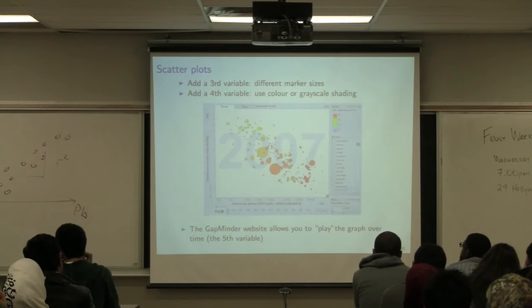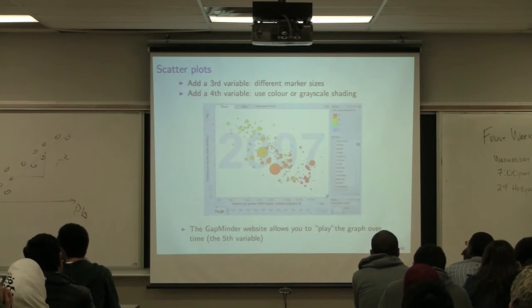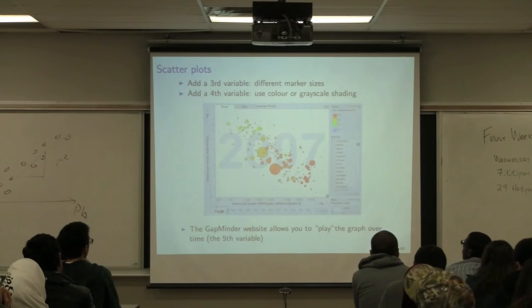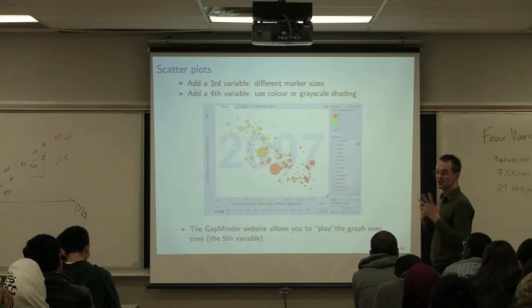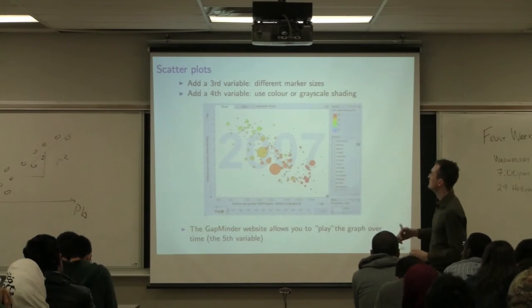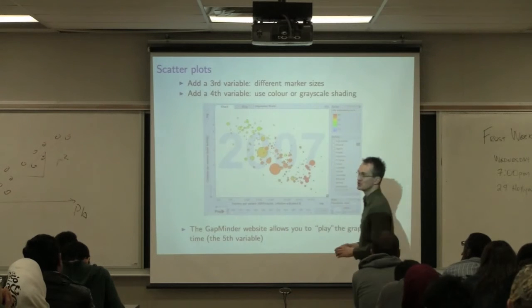And then here's the interesting thing I'd like to talk about for a few minutes and show you a video. Scatter plots are two-dimensional, but we're not constrained just to two vectors of information. We can add a third variable to that two-dimensional world by using different marker sizes. So here, the size of the circle is used.